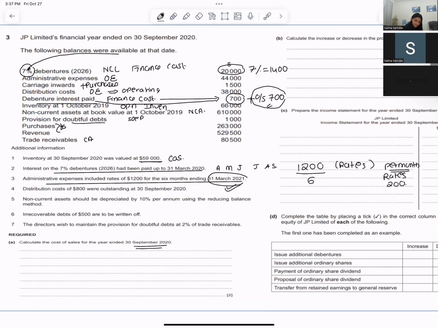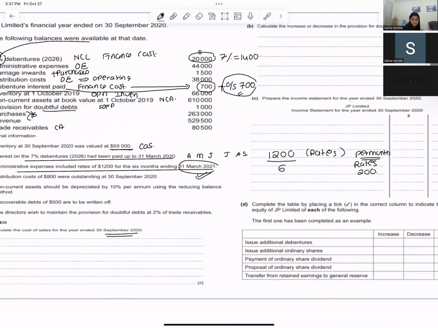So September 2020 till March 2021 is how many months? October, November, December, January, February, March. That means all the 6 months are after my year ends.